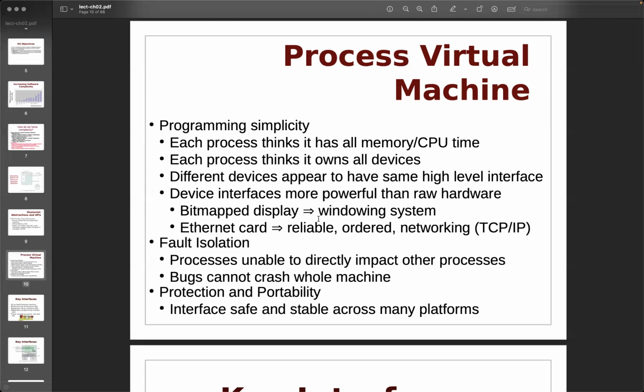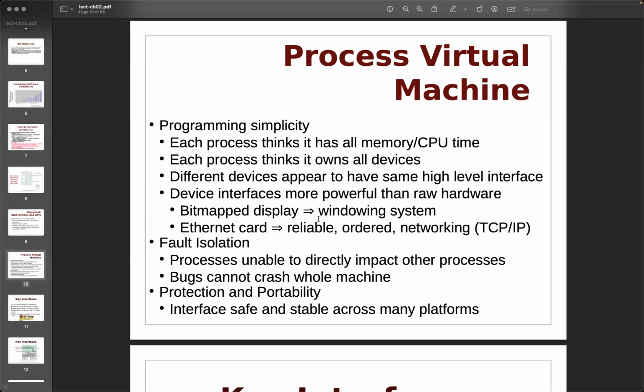Do you know what a bitmap is? Yeah, so you know, right? Okay, just like that. And then we have the Ethernet card, so we handle TCP/IP. They're all interfaces that help us to handle it.